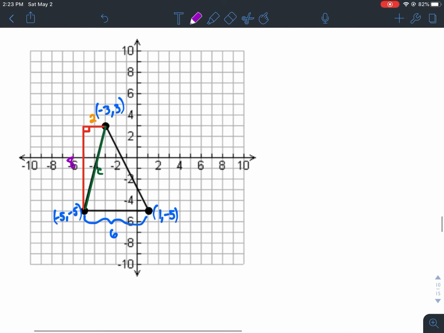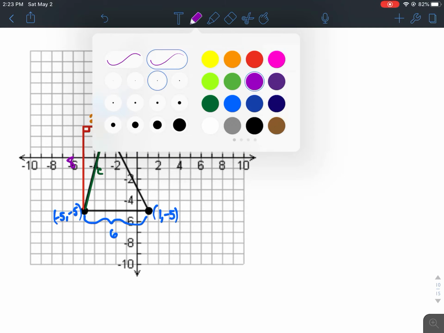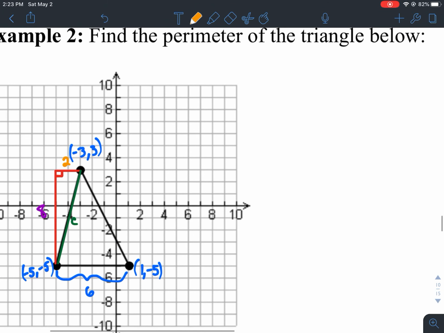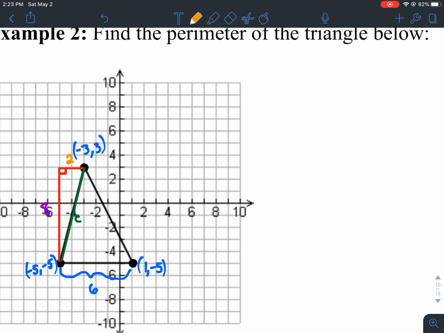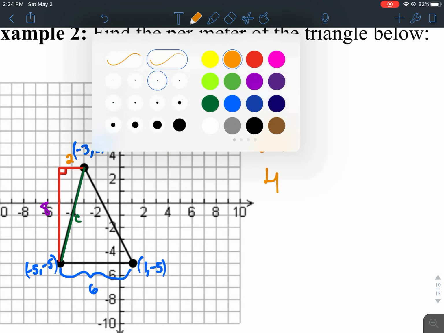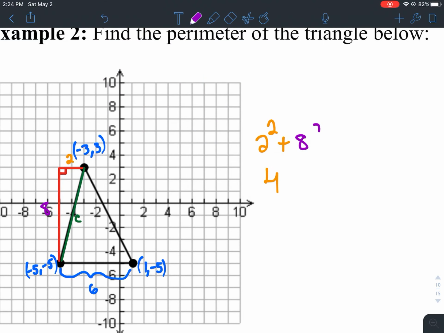So again, using the Pythagorean theorem, a squared plus b squared equals c squared, for this first computation we should get 2 squared, which is 4, plus 8 squared, which is 64, should equal our C squared length.